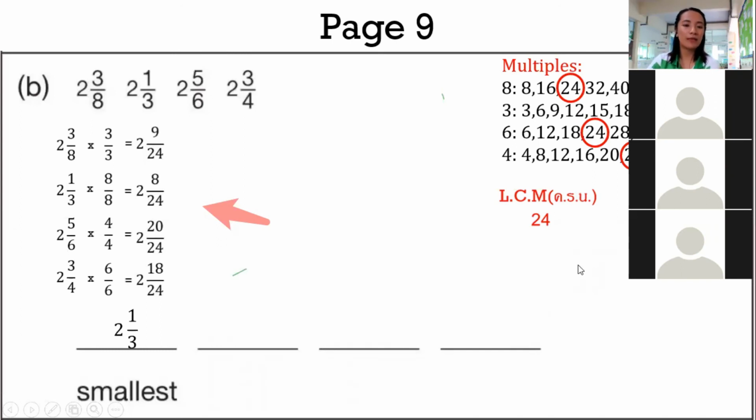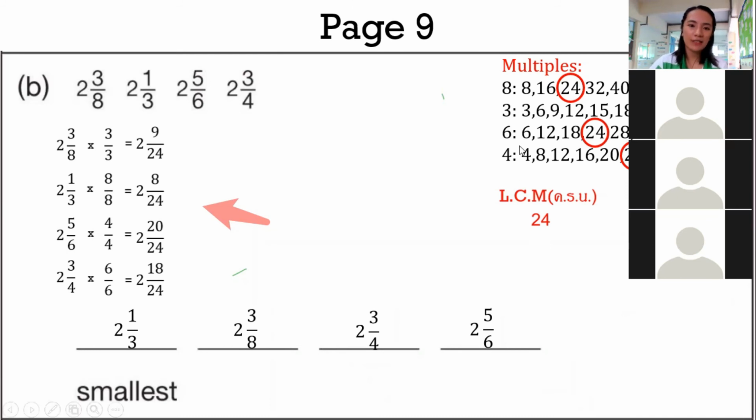Next fraction will be 2 and 3 over 8. The third fraction is 2 and 3 over 4. And the last fraction is 2 and 5 over 6.